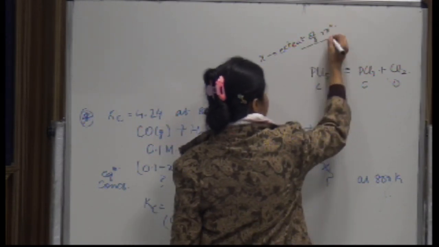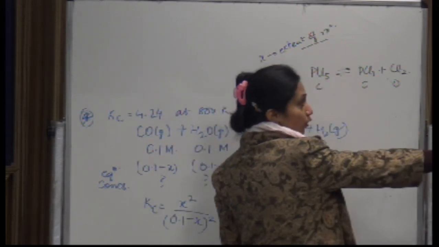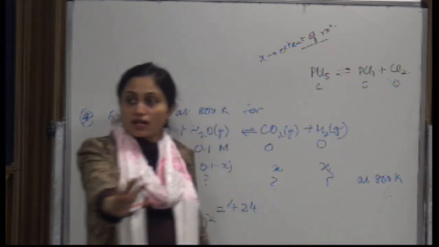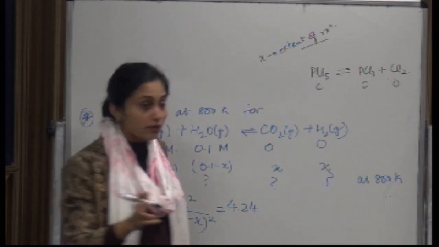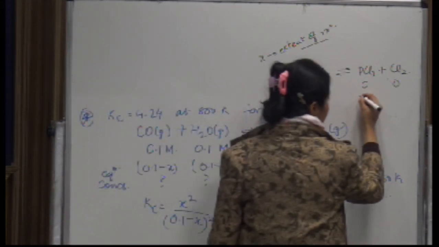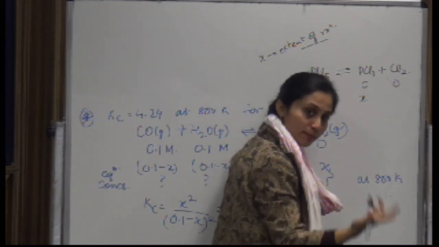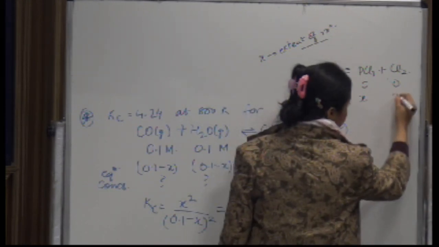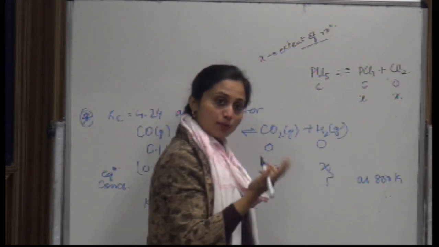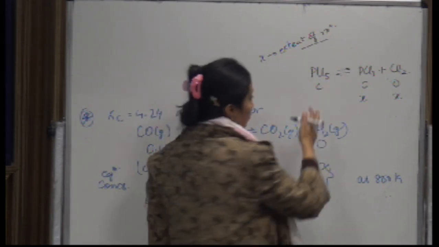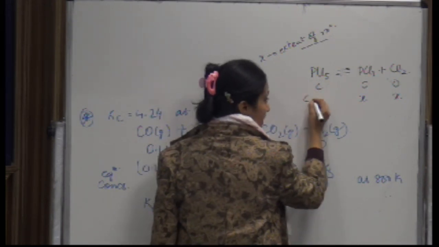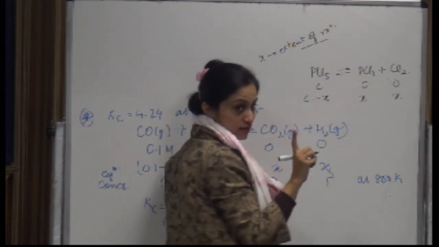or you say extent of the reaction means now it has moved to a direction where x moles of the products are formed. So x moles of the products are formed means that if x is formed of this, then the same number of moles will be formed of the other product. So x moles of the other product will also be formed. And what can get reduced from this? Only C minus x.